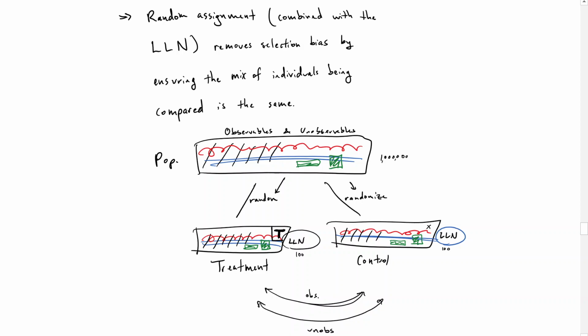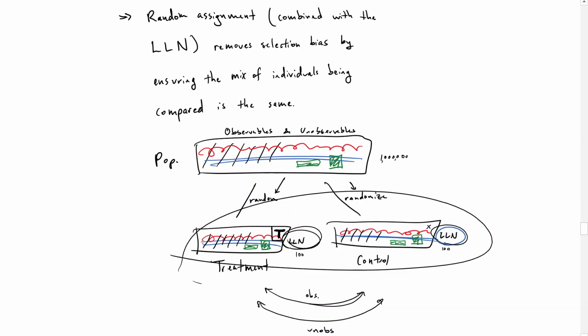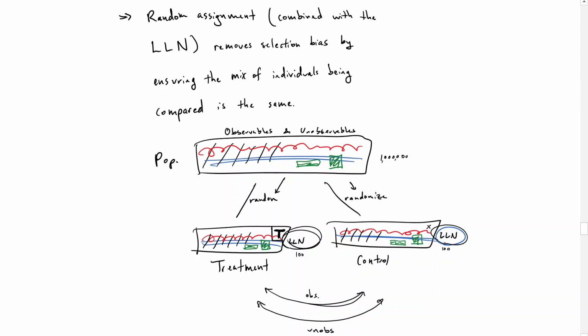And if we combine a random assignment with the law of large numbers, so that we draw a large enough random sample from the population to be in the treatment group and a large enough random sample to be in the control group, both of these groups are going to be similar to the underlying population, even if the population is really big. You have samples that can still be relatively small, but they need to be big enough for the law of large numbers to kick in.